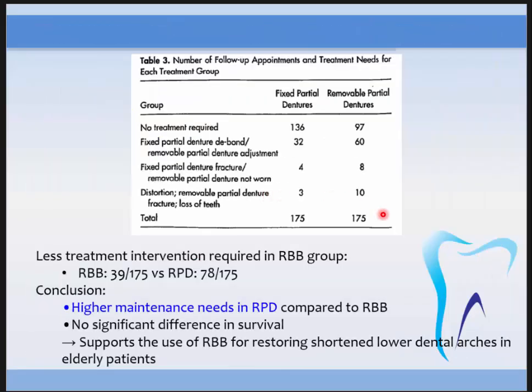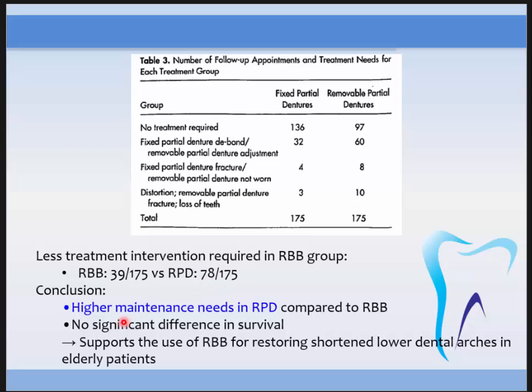In this research, you can see that the number of follow-up appointments and treatment needs for the RBB group and dentures are very different. In RBB, they only needed to come back to the clinic 39 times compared to the denture patients, 78 times.